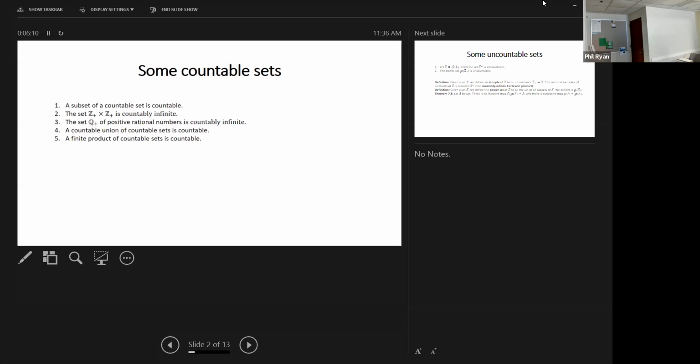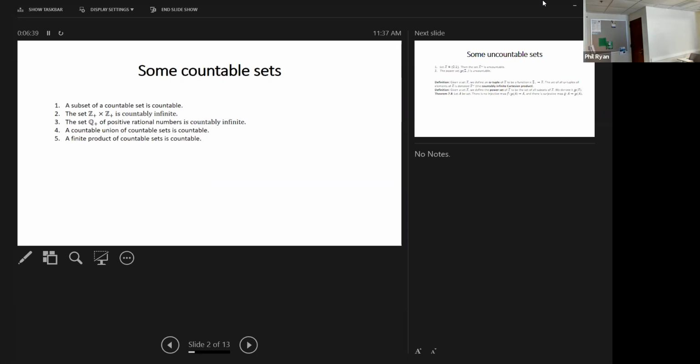How can we do that? Well, we can just look at the ratio. So if we look at the map taking m, n to m divided by n, this then is surjective.